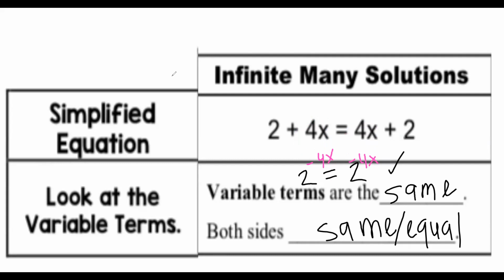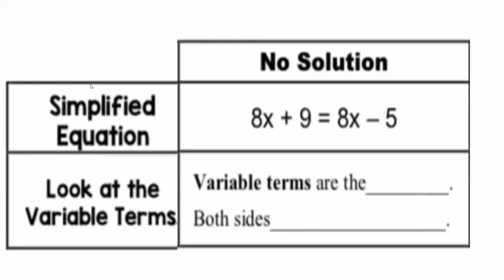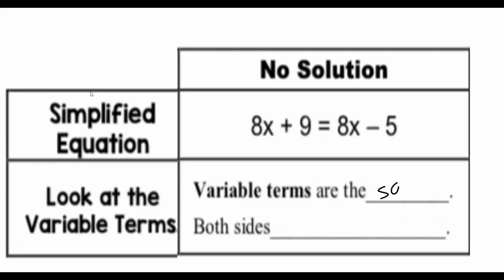Now let's look at no solution. So for no solution, we're going to see that the variable terms are the same, but both sides are not equal.